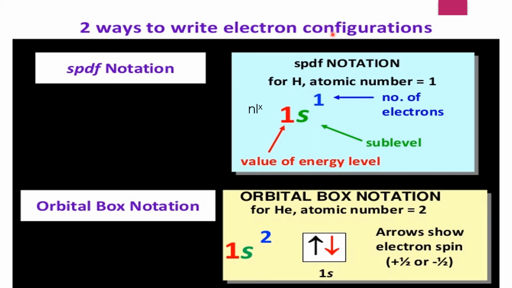Configuration gives us the idea of arrangement of electrons, and if we are asked to represent the arrangement of electrons, it is represented in two ways. Before going to the description of these two ways, I would like to explain why we should represent. In general, when you are asked to draw the picture of your classroom, what will you do?